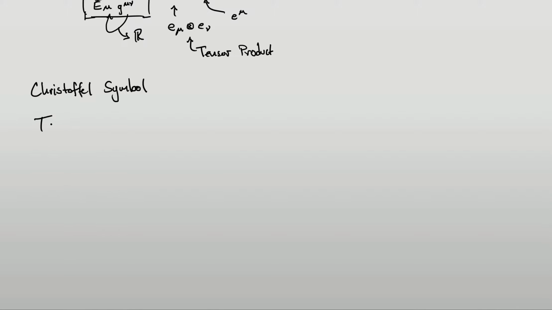If we had some tensor T mu nu, and we want to take the derivative of this tensor and get a tensor back, we need to invoke the Christoffel symbol, because without it, tensors are not going to be translated into tensors through differentiation. Functions can be translated into functions through straight up differentiation, but tensors won't, and we need this Christoffel symbol in order to do this.